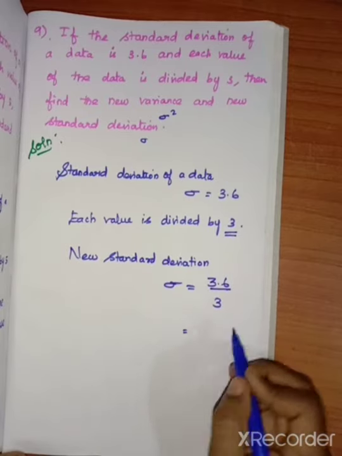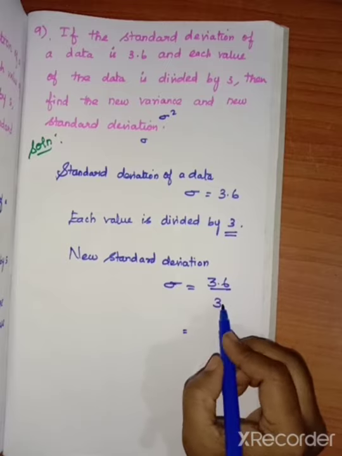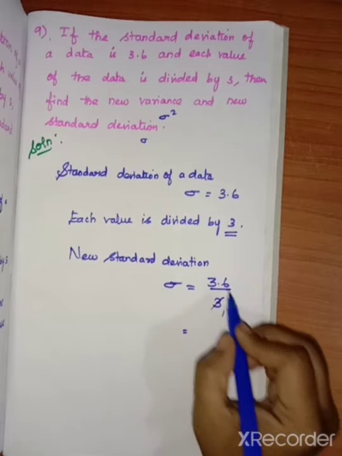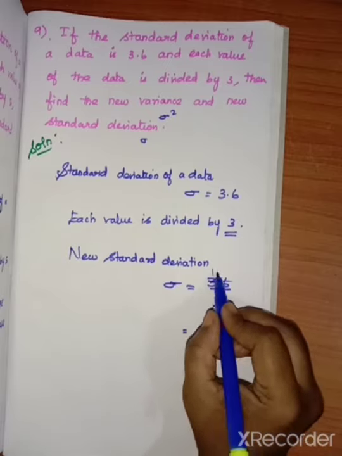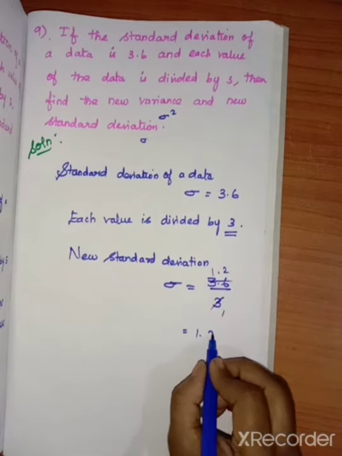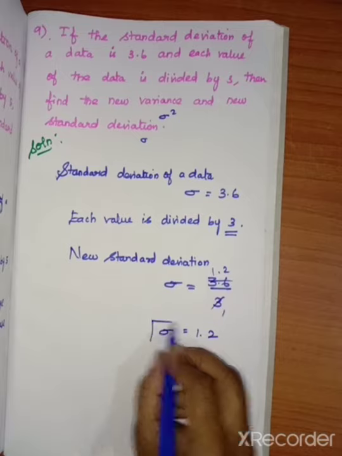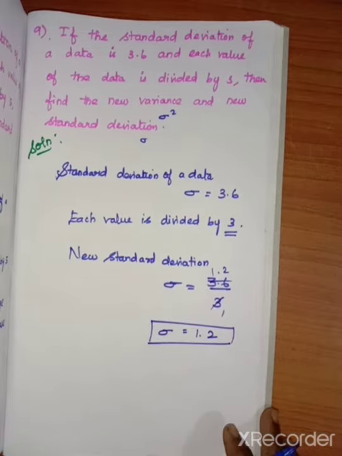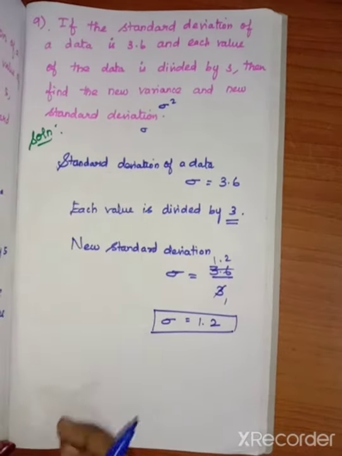We can cancel with the 3 table. 1 3 is 3, here also 1 3 is 3, keep the decimal point, 2 3s are 6. So 1.2. So sigma we find.